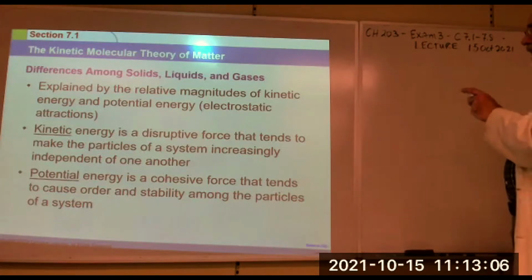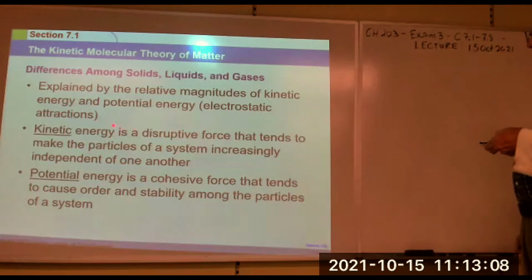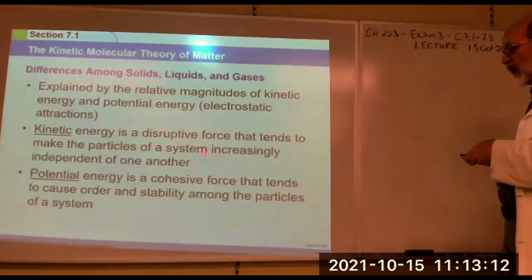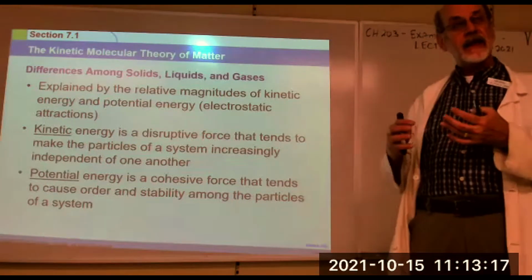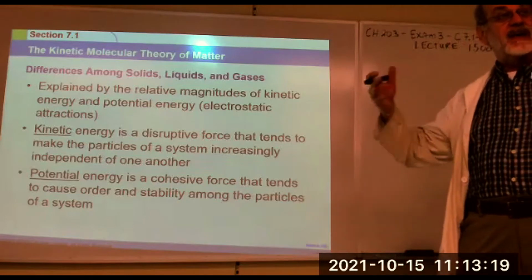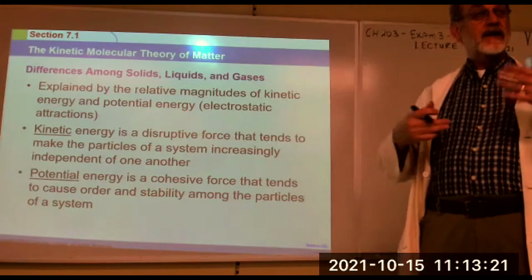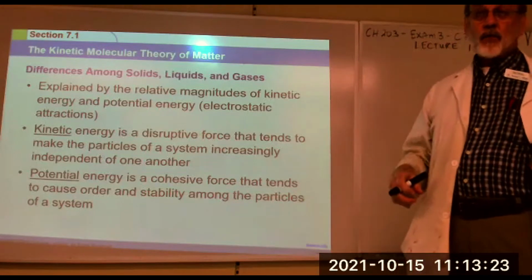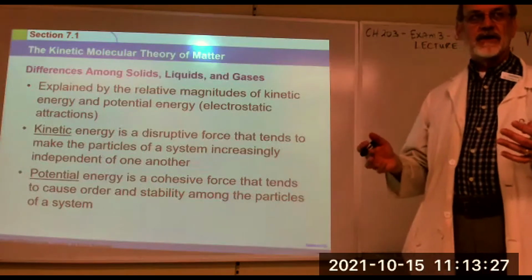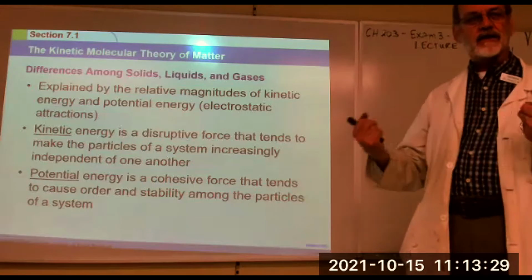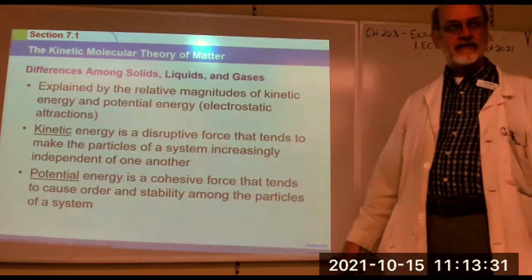Kinetic energy is actually a disruptive force. It tends to make the particles of the system more independent. So the higher the kinetic energy, the more independently they behave, right? Like I said before, if they have more kinetic energy, they're moving faster. That means there's very little time to interact. They behave more independently from one another.